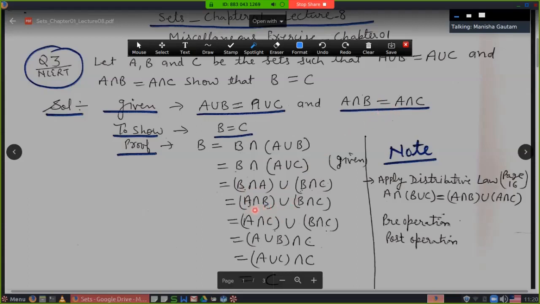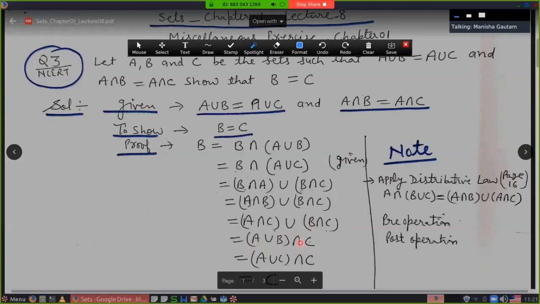Now I have replaced it by A intersection C union B intersection C. Now you can see here C is the part which is common in both. It means this is the distributive law post multiplied by intersection C. It means you can write it as A union B in brackets intersection with C.